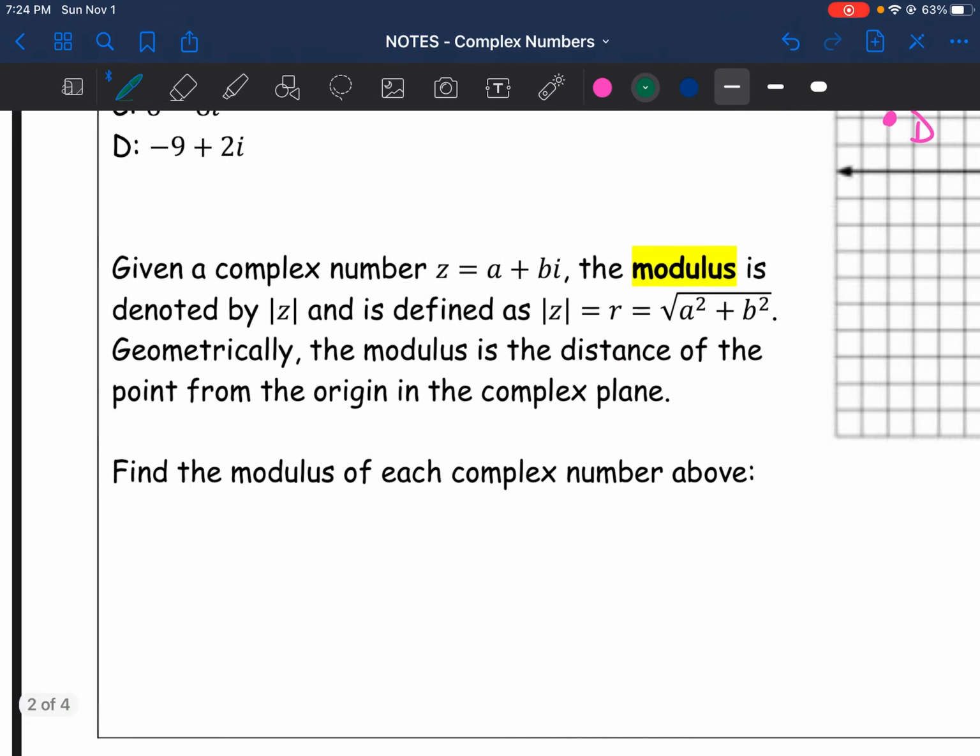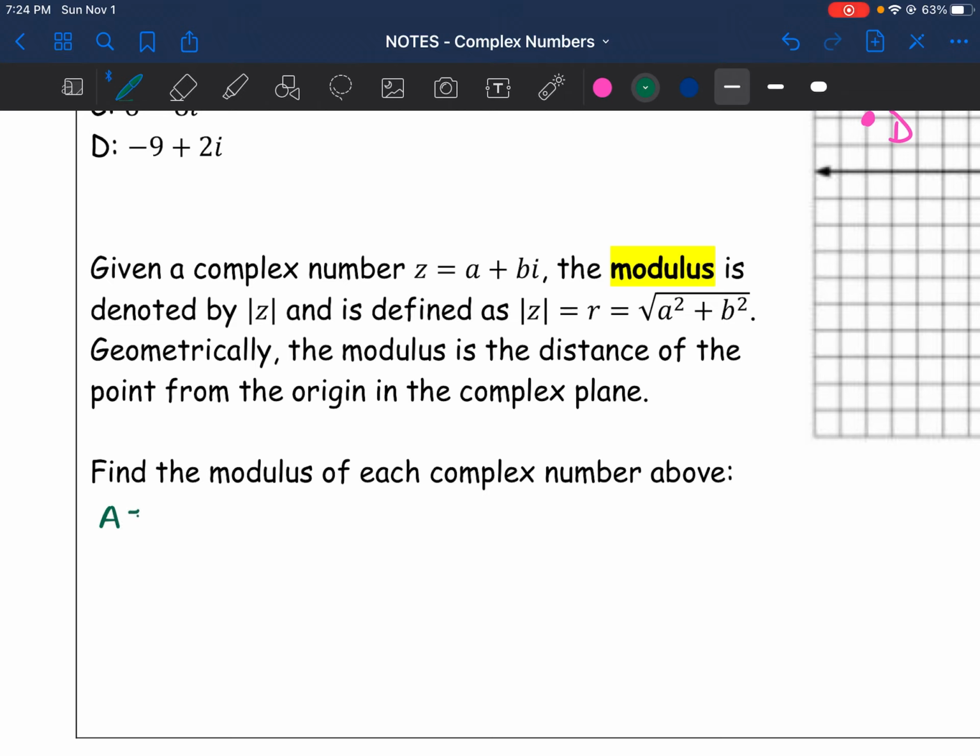So we're going to say A is equal to, and we saw that A was 5 plus 9i, so this is the square root of 5 squared plus 9 squared, the A term and the B term. Well, it's going to be 25 plus 81, which is 106. We know 106, that's just 53 times 2.